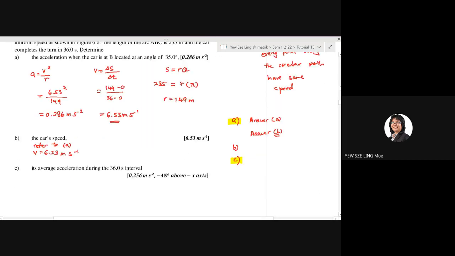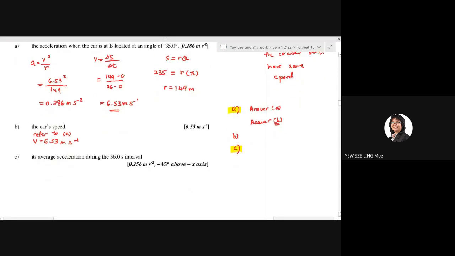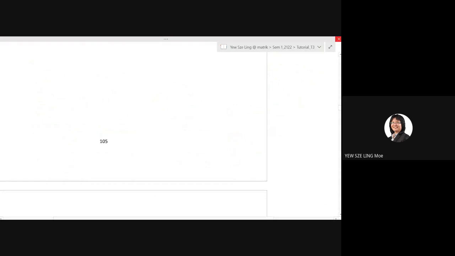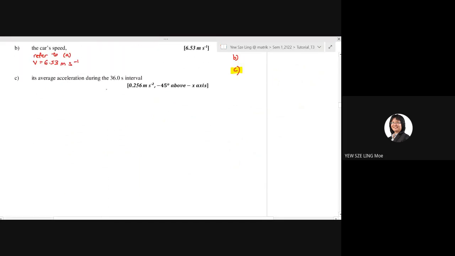So now let's look at question C. Question C is a tricky question. Why? Because it asks you to calculate the average acceleration during the time interval of 36 seconds. So a equals, now you want to calculate average.